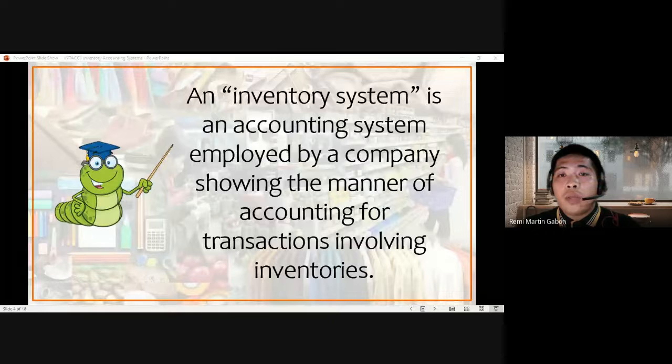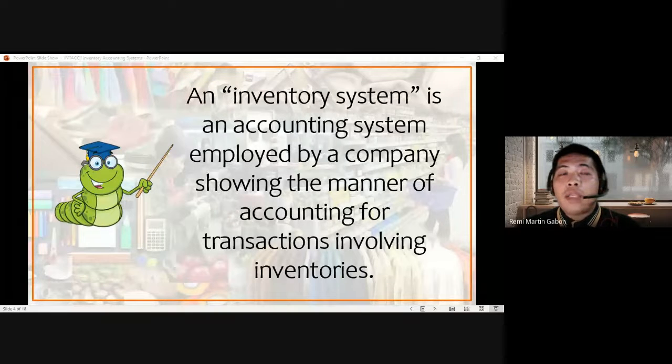Usually, the transactions relating to inventories are just sales related or purchase related transactions. So again, inventory system is the manner of accounting those sale and purchase transactions in relation to inventories.